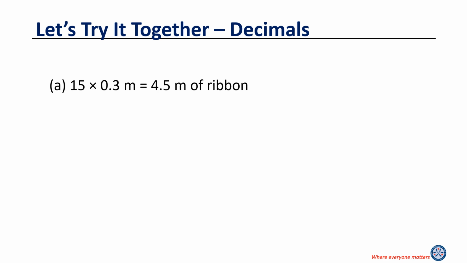Manasi would have cut out 4.5 meters of ribbon too. Since each piece cut out by Manasi was 0.25 meters, she would have cut out 4.5 meters divided by 0.25 meters, which is 18 pieces of ribbon.